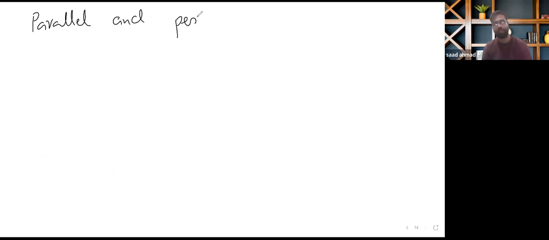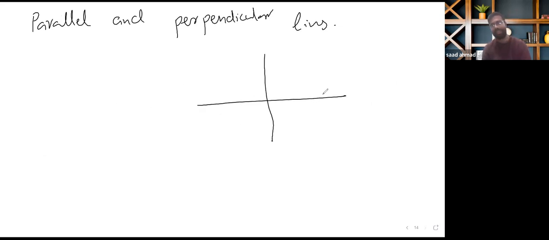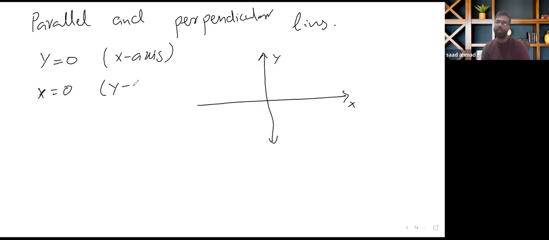Okay, so now let's look at parallel and perpendicular lines. Just for reference, if a line does not have a slope, like the x-axis, the equation for the x-axis is y equals 0.